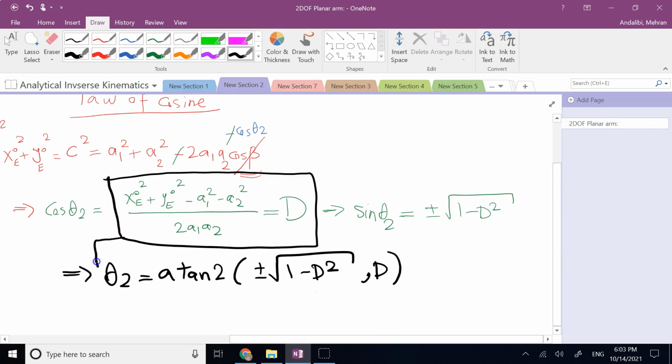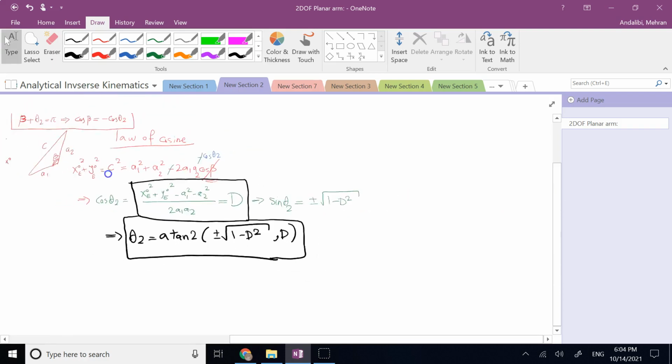So that is the ratio, and this is d. This is the formula I use to calculate theta 2. And clearly this formula tells you that there are two answers for theta 2. One is for the positive square root, the other one is for the negative square root.